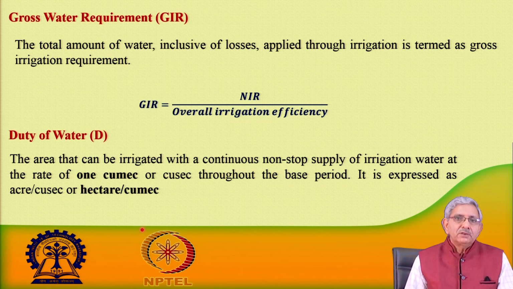It is the area that can be irrigated by continuous supply of irrigation water at the rate of 1 cubic meter per second throughout the base period. This value is expressed in hectare per cubic meter per second.